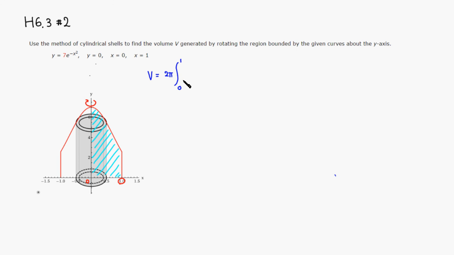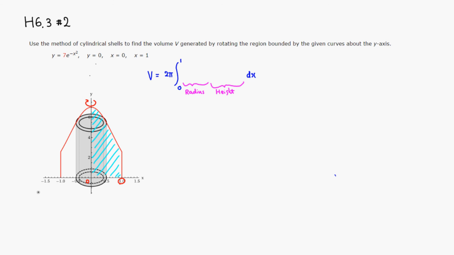Then we want to find the radius, since it's a shell method, of the cylindrical shell, and also the expression for the height. We are integrating with respect to x, so we're going to have a dx, which gives us the thickness of the cylindrical shell.